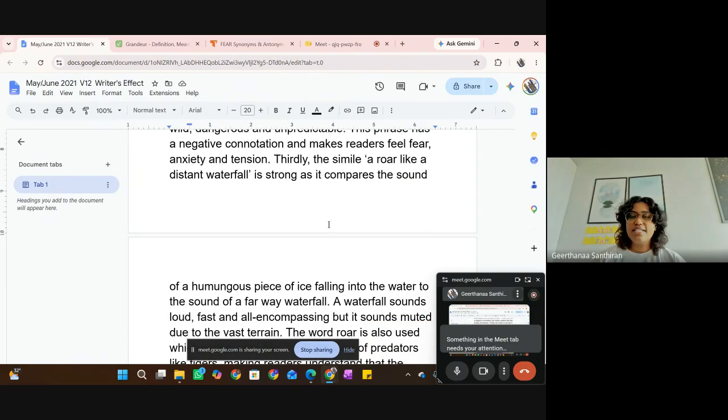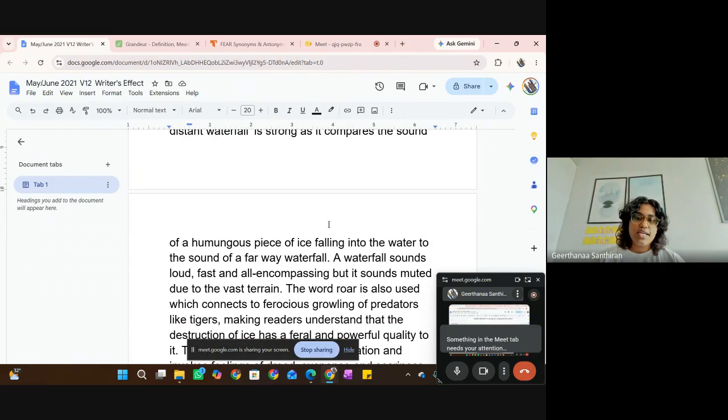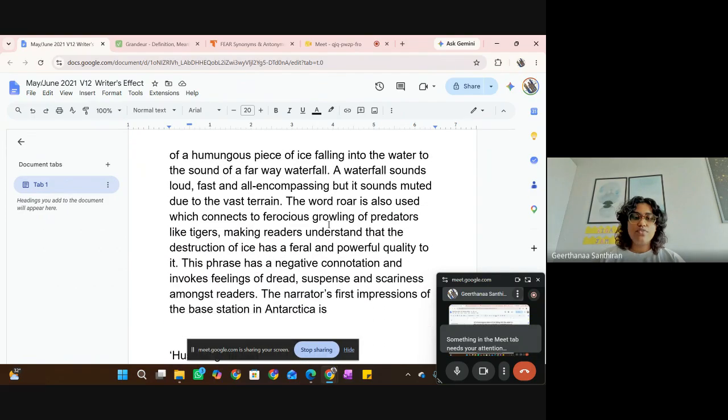Thirdly, the simile roar like a distant waterfall is strong, as it compares the sound of a humongous piece of ice falling into the water to the sound of a faraway waterfall. A waterfall sounds loud, fast, and all-encompassing, but here it is muted due to the vast terrain.